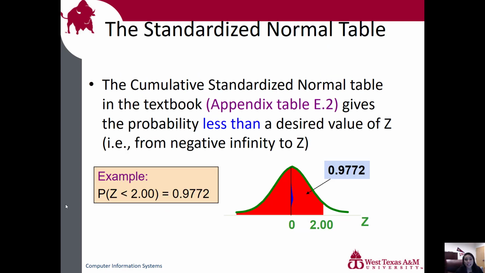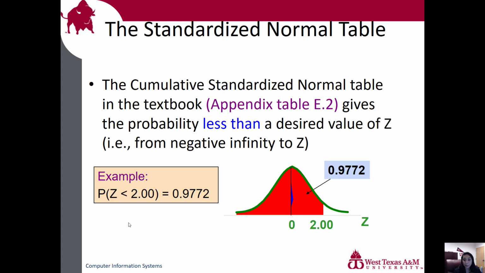Now we can use the cumulative standardized normal table in the textbook. It's located on appendix table E2, but you can also find it online. And that really gives a probability less than a desired value of z.